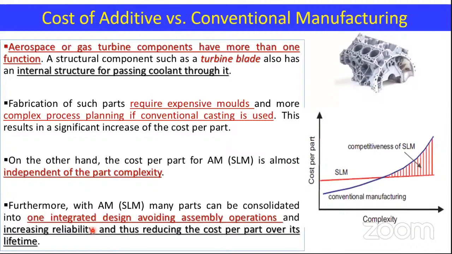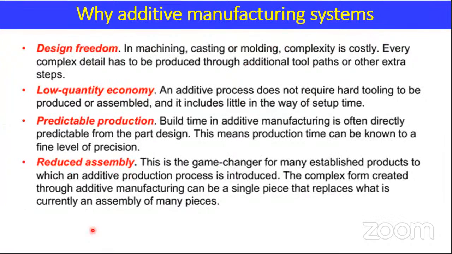So in view of all these things, we can see that the additive manufacturing process is really rewarding compared to the conventional manufacturing processes, right? So now moving ahead, I have just charted down four key aspects why additive manufacturing process is really helpful, right?